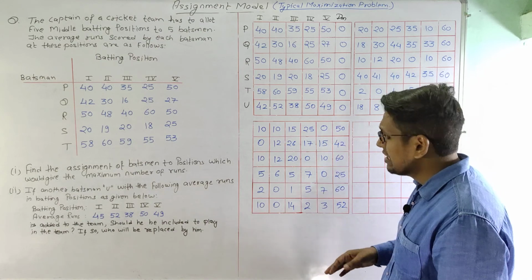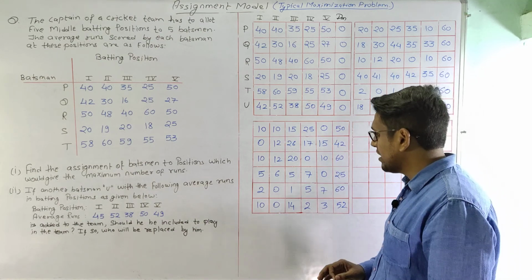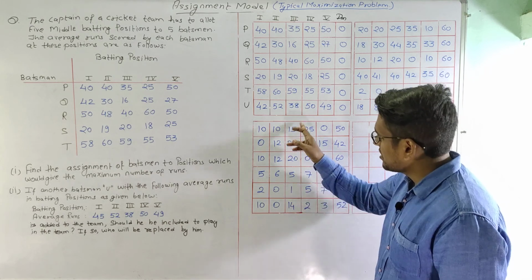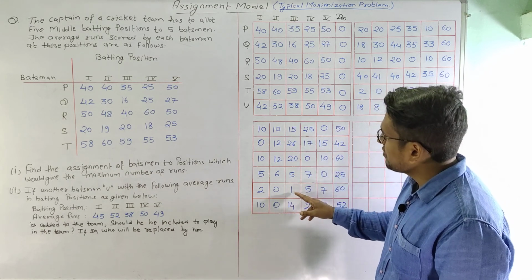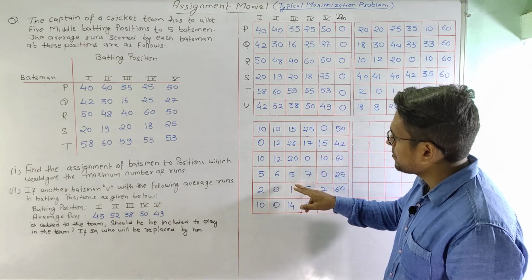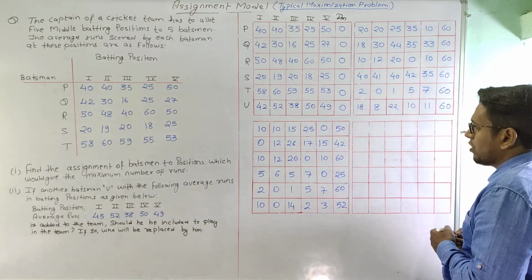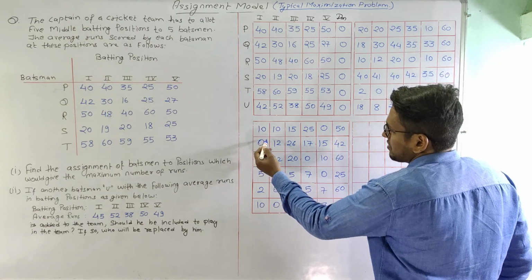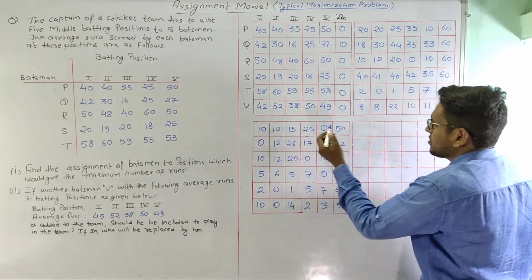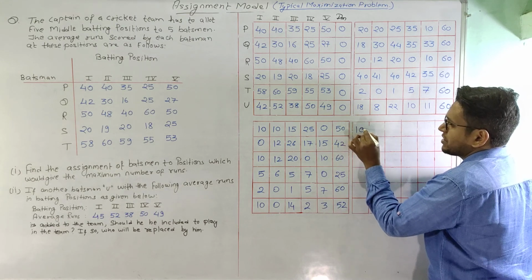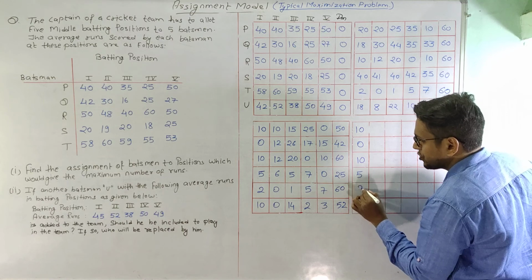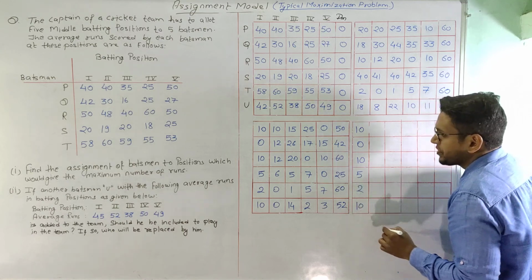For column reduction we will select the minimum value in a column, and suppose for column 3 the minimum value is 1, and now we will subtract each element of this column by this minimum value. So let us see, for column 1 we can see that there is a 0 here, so anything minus 0 will remain as it is, so this will not change, this will be 10, 0, 10, 5, 2 and 10.